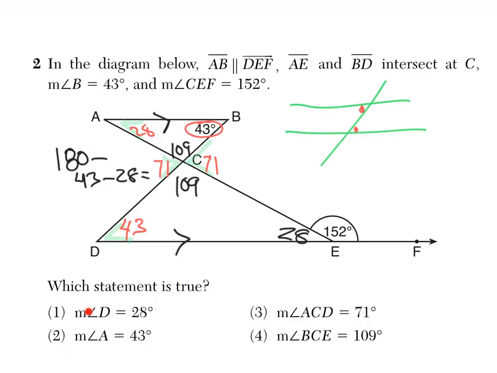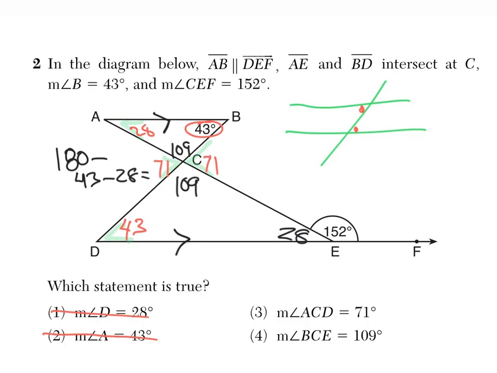So now let's take a look at our options. Which statement is true? Is angle D 28 degrees? No, angle D is 43, so we can simply rule that out. Not option 1. Option 2 says angle A is 43 degrees. Angle A is not 43. Angle A is 28, so we can rule that out. Let's take a look at option number 3. ACD, 71 degrees.